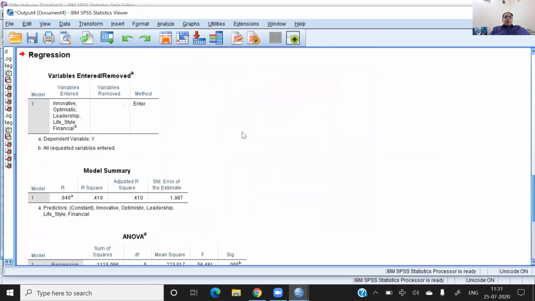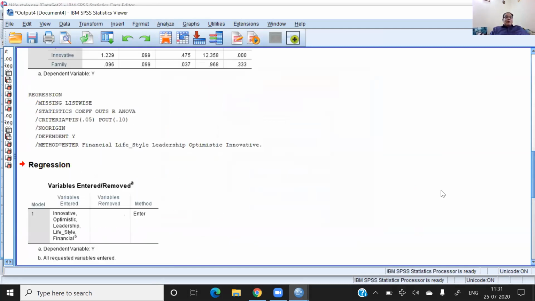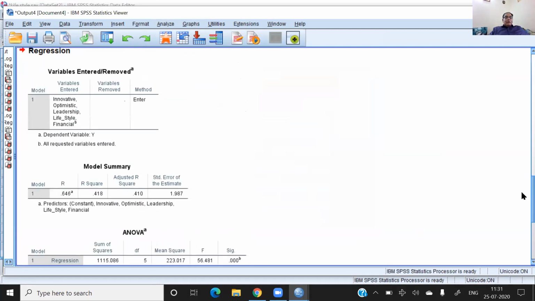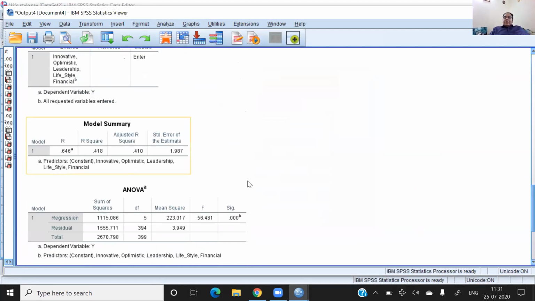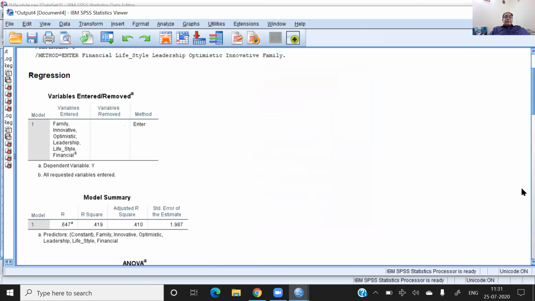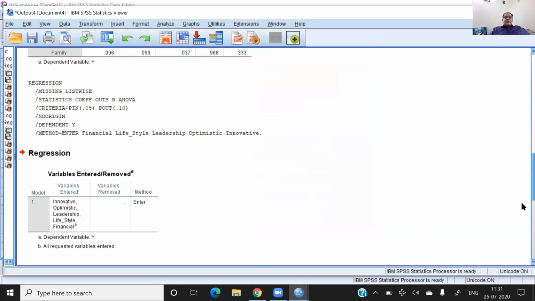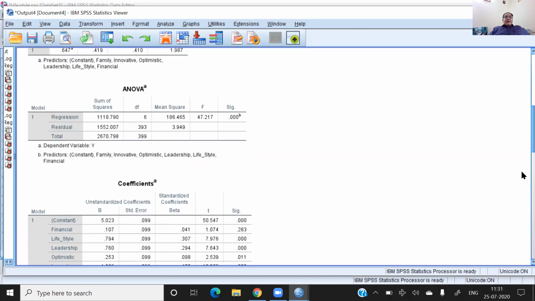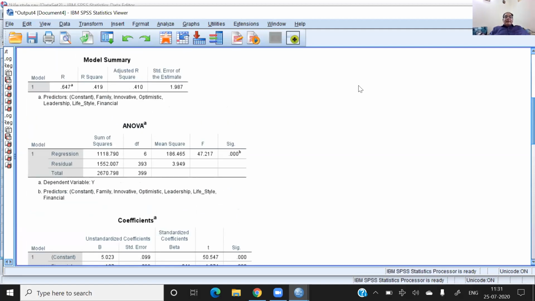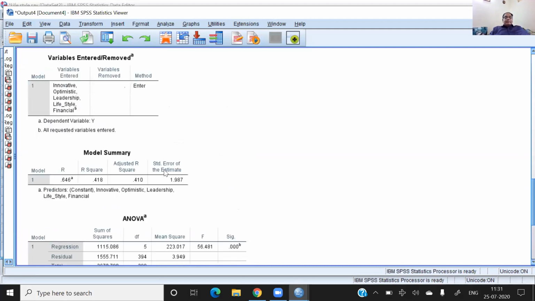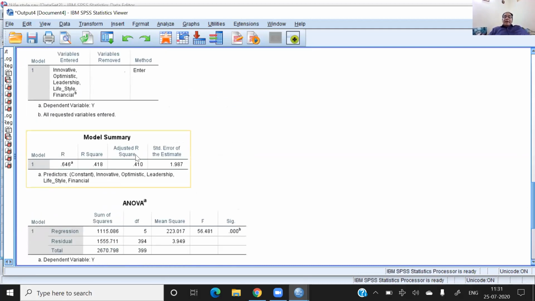Now you can see that the R square decreases from 0.419 to 0.418. But adjusted R square remains constant, 0.410, and here it is also 0.410. It means there is no effect of the family in the model.